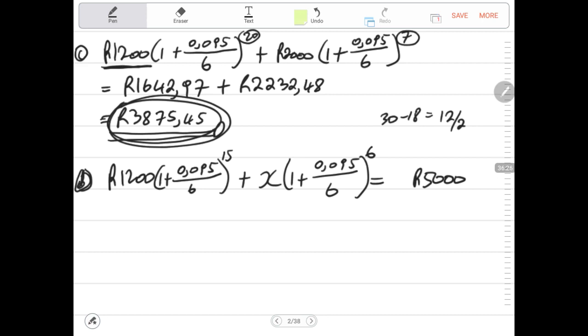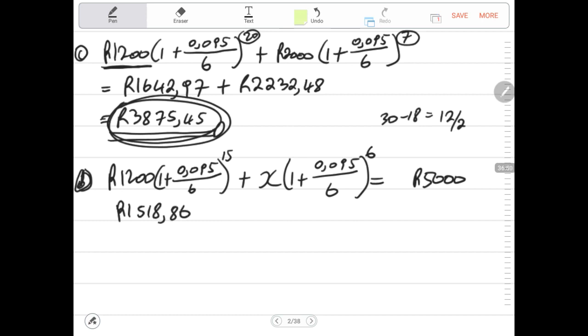Then after the first one, we go to our calculator. 1,200, open brackets, 1 plus 0.095 divided by 6, close brackets, to the power of 15. This gives us the amount with the interest after 30 months for the first investment, which is 1,518 rand 86 cents.